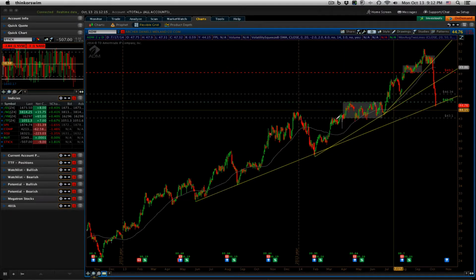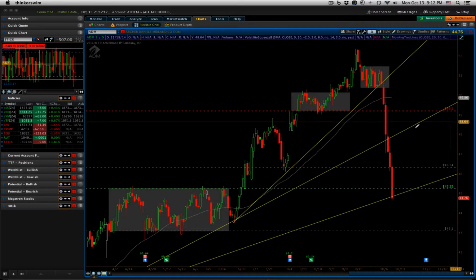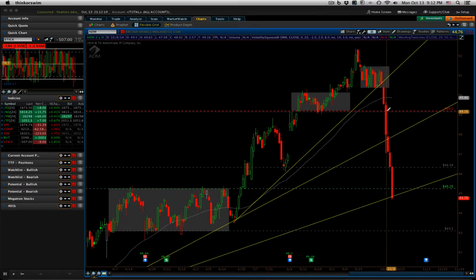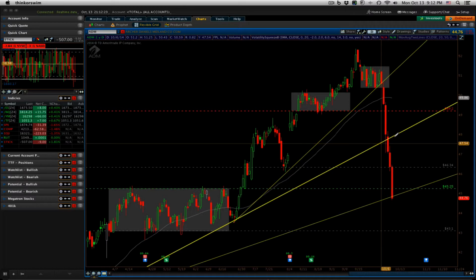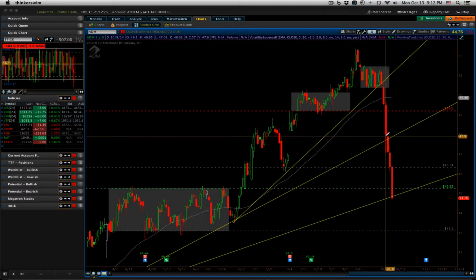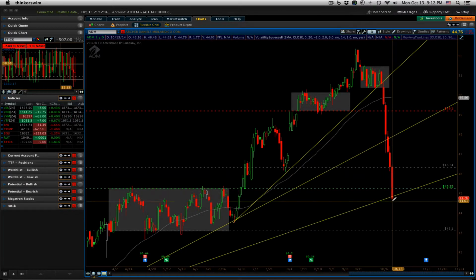But the fact is, if we did not take our exit signal here, even though we came down and said, maybe it's going to bounce off of this trend line, and at one point it did look like that was going to happen, we still took our exit, exited at 47.80, and we saved ourselves another $3 in downside risk.